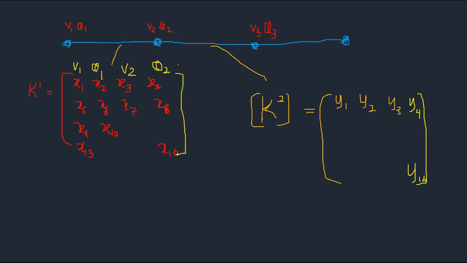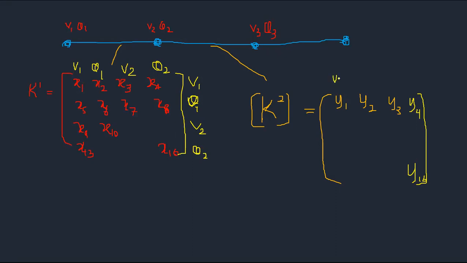And this is v1, theta1, v2, theta2. This is going to be, so this is connected between v2 theta2 and v3 theta3. So that means second node and third node, right?